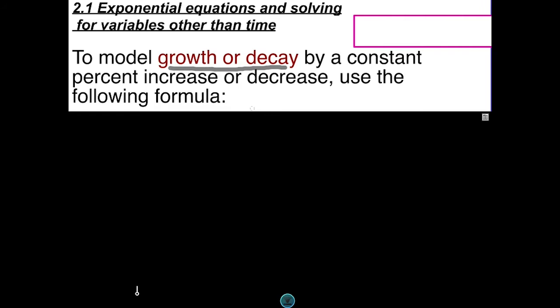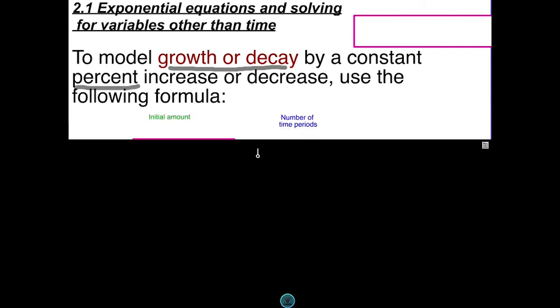We're going to have you use percentages to show increases or decreases, and from there solve for some variable other than time.